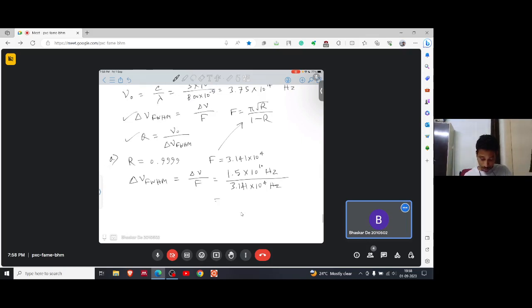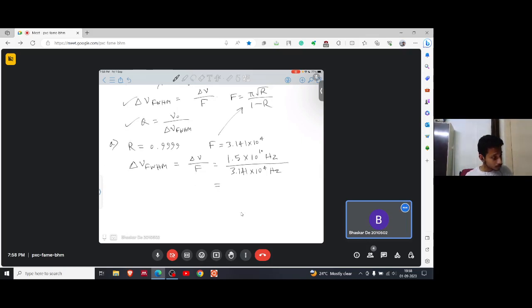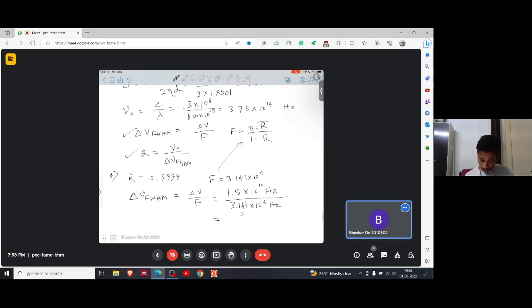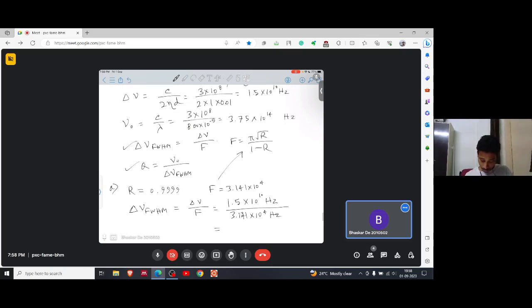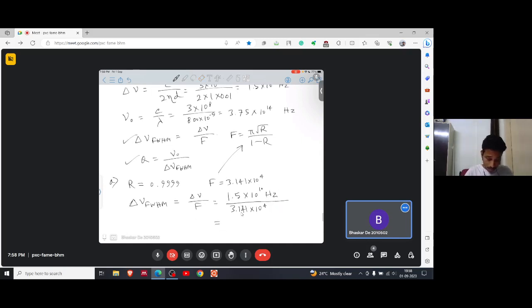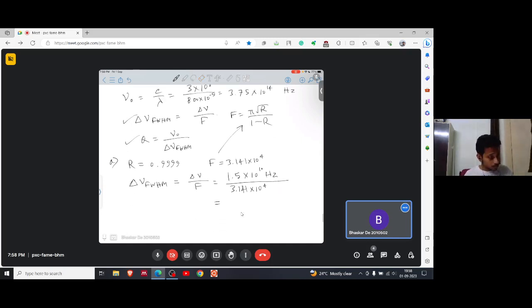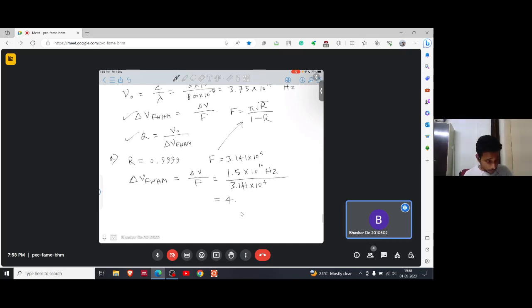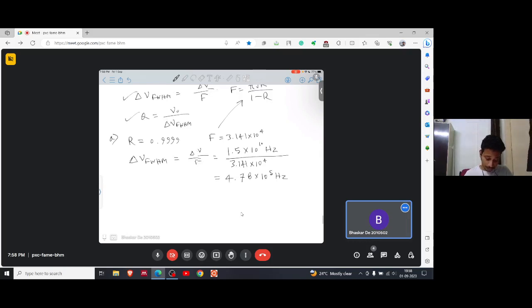F doesn't have any unit, so it will be 4.78 into 10 to the power 5 hertz.